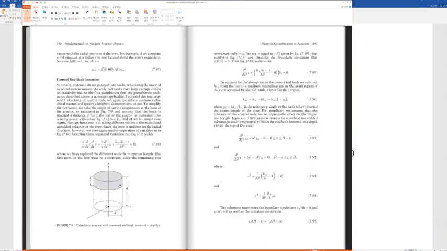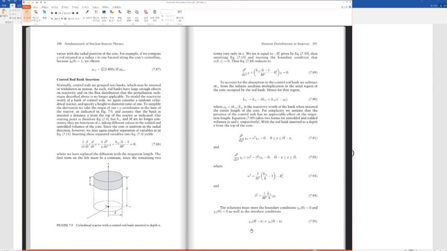So in the interface, first, neutron flux should be continuous. So neutron flux in the unloaded volume and neutron flux in the loaded volume at the interface should be the same, so that the neutron flux can be continuous.